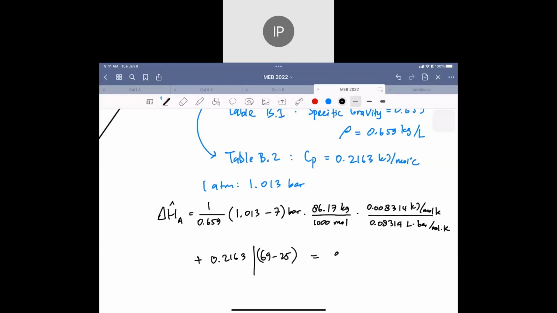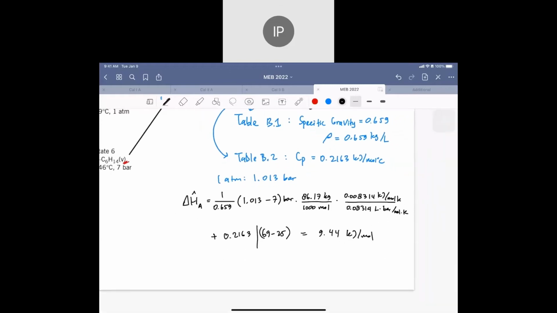The total is around 9.44 kilojoule per mole.